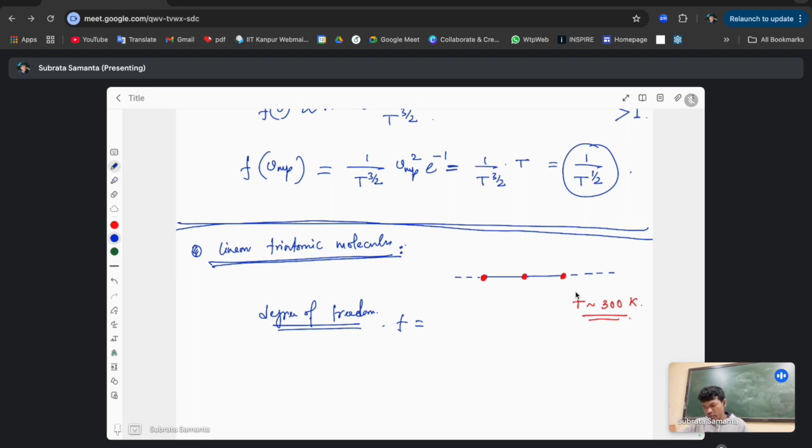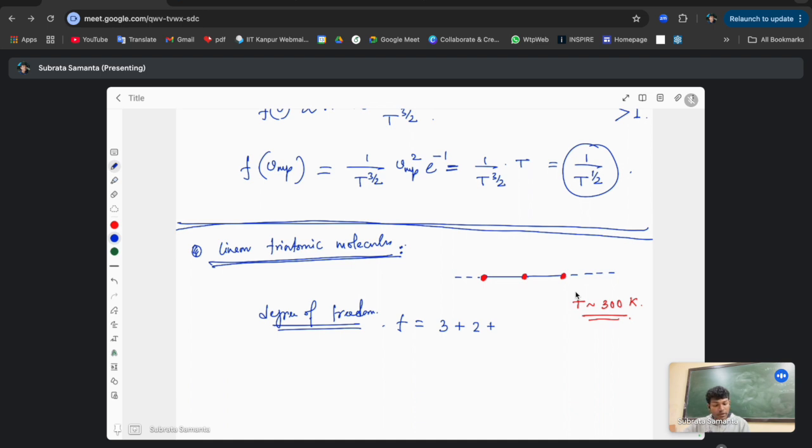Why is there a 2? Because in 3D space, the translational degree of freedom is 3, plus what are the rotational degrees of freedom? The rotational degree of freedom is 2, right? And what are the vibrational degrees of freedom?